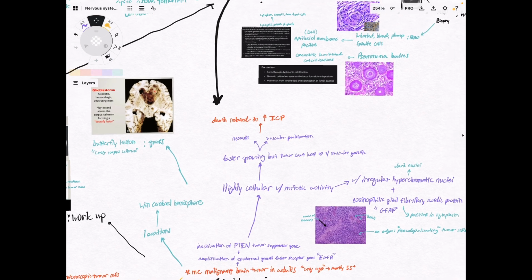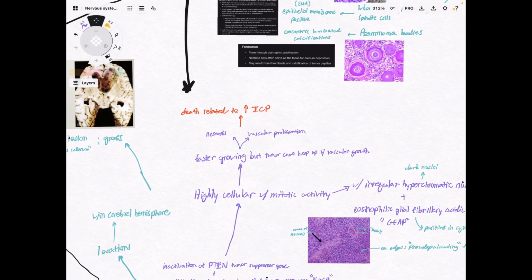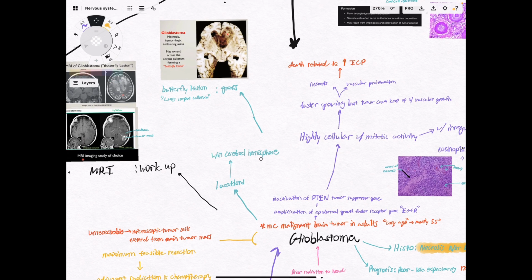Let's go up here to the side effects or the symptoms of it. Again, you're going to have necrosis and vascular proliferation. And this can very quickly lead to death due to increased intracranial pressure due to all those leaky vessels and the fast-growing tumor mass. The locations of a glioblastoma, again, are supratentorial, so you're going to see them within the cerebral hemisphere.